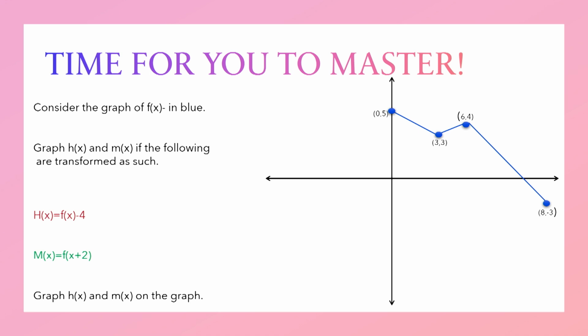So in red, and you may need to get your markers or colored pencils, you want to do subtraction of 4 on the outside of the parentheses. And then in green, you're going to want to have a transformation of adding 2 inside the parentheses. Graph the h of x and the m of x on this graph. So go ahead and pause your video and do these.